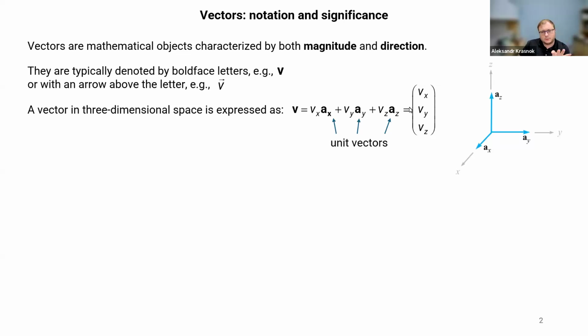So this way, when I project my vector, I get a column with 3 components, vx, vy, vz.